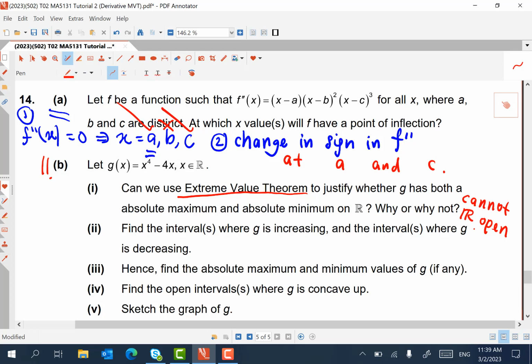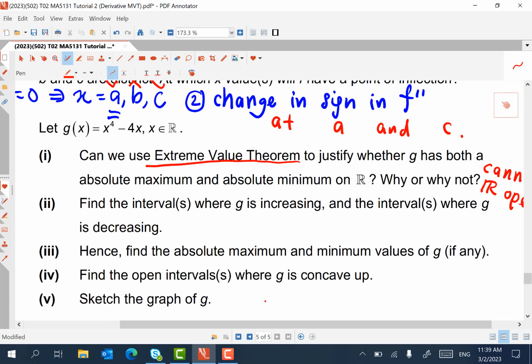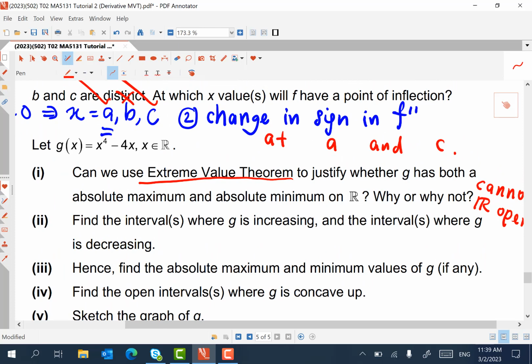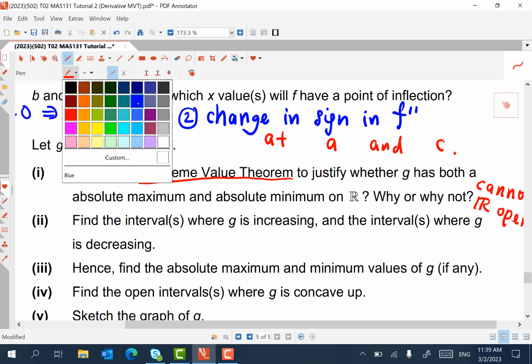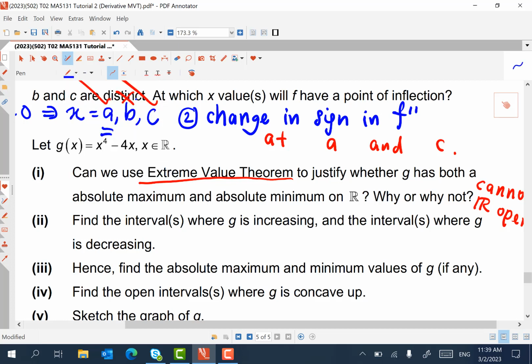Okay, Ting Wei cannot control herself, yeah. Okay, part 2. Find the interval where G is increasing and interval where G is decreasing. How do you do such a question? Okay.